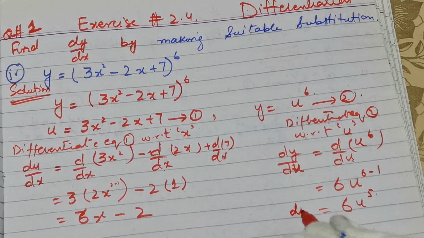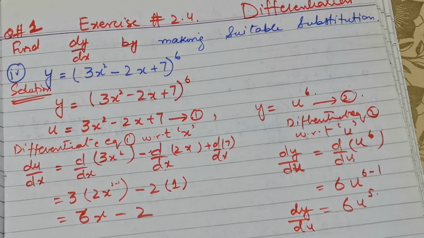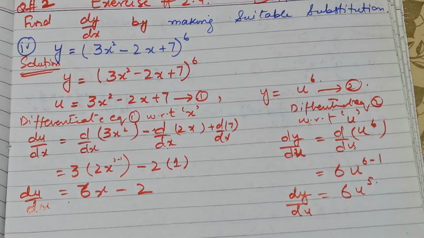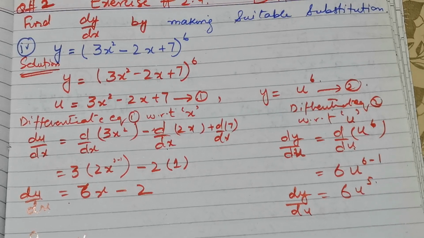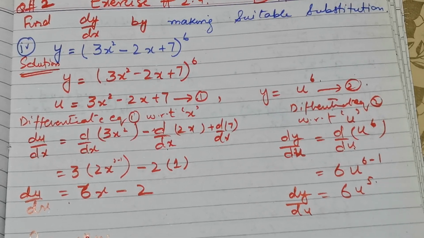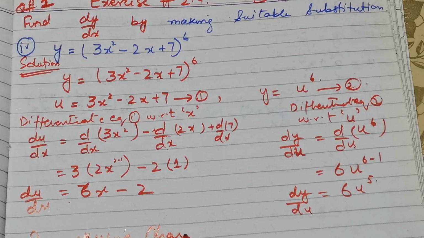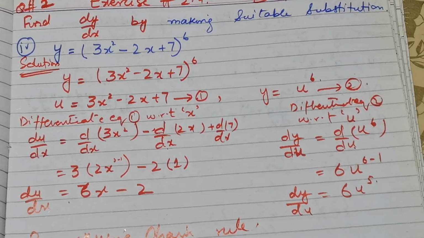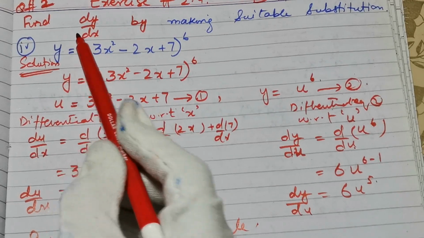Now dy by du is this term and du by dx is this term. Now by using the chain rule, because we want to find the value of dy by dx.